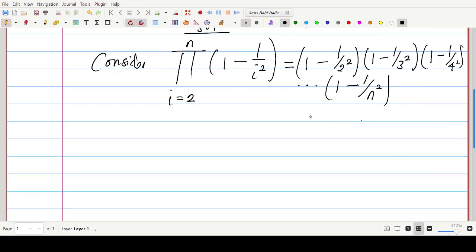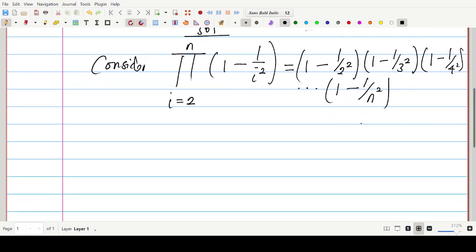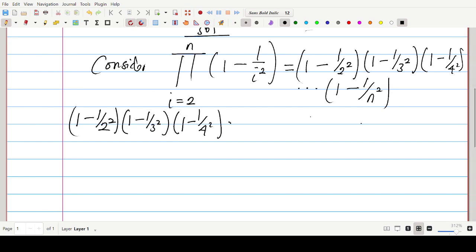Now take note that 1 minus 1 over 2 squared multiplied by 1 minus 1 over 3 squared multiplied by 1 minus 1 over 4 squared until you get to 1 minus 1 over n squared can be equally written as, now if you observe carefully, each expression in the parentheses is a difference of two squares.